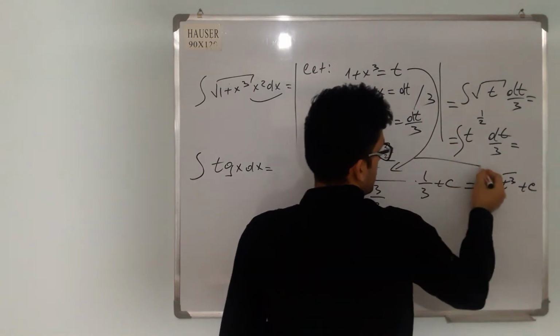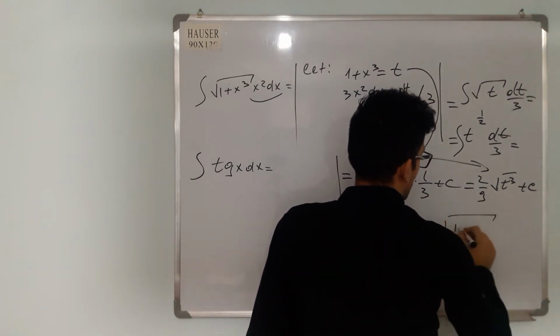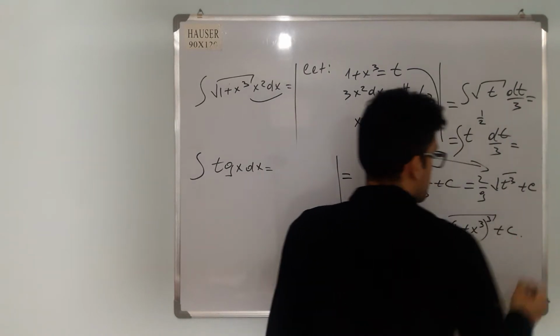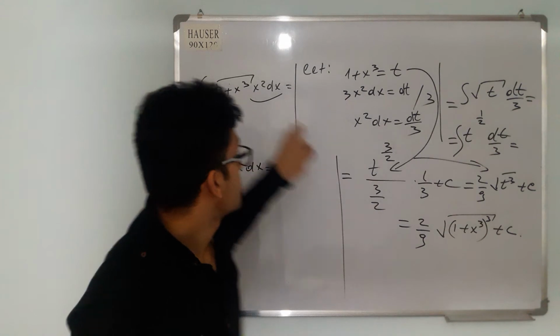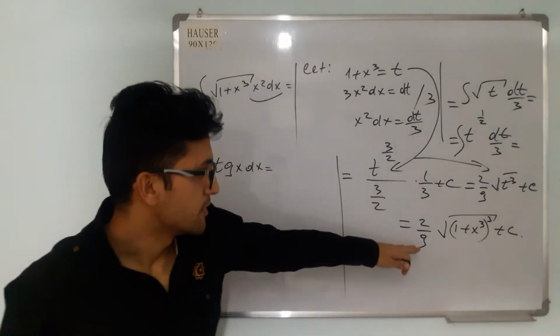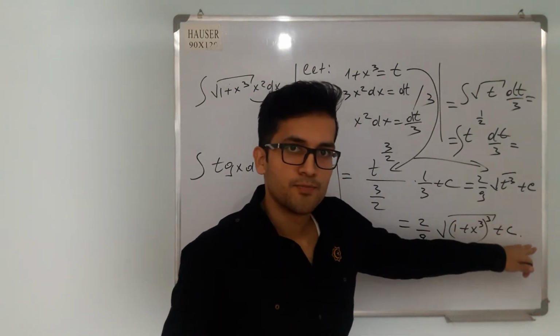So when you put it here, it will be 2 divided by 9 times the root of 1 plus x third in the third degree plus c. So the antiderivative of this expression will be this one.